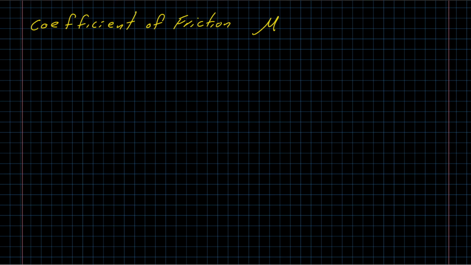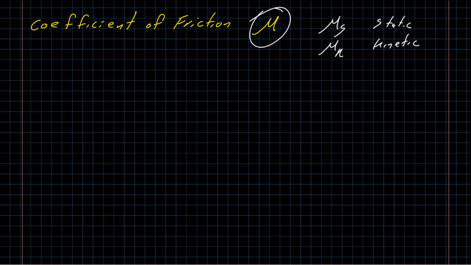If you want to be more technically correct, we can separately look at a mu sub s for static friction and a mu sub k for kinetic friction. I'm usually going to be lazy and I'm just going to call it mu, and I'm going to use words to make sure that it's clear whether I'm dealing with static friction or kinetic friction at the particular time.